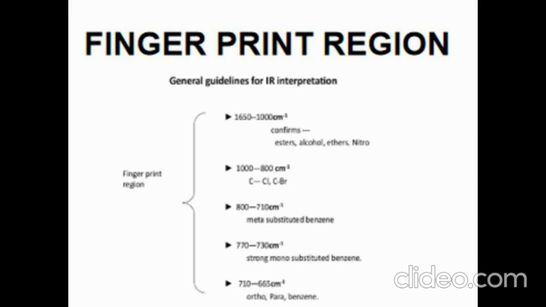For the ortho and the para benzene, the peaks come a little on the lower side, between 650 and 720. The OOP bending peak appears in that range, and sometimes, not always, but sometimes they are very useful to understand the substitution pattern in the benzene ring.